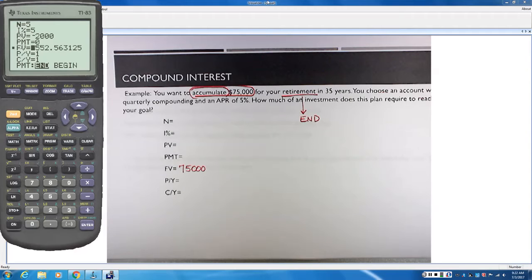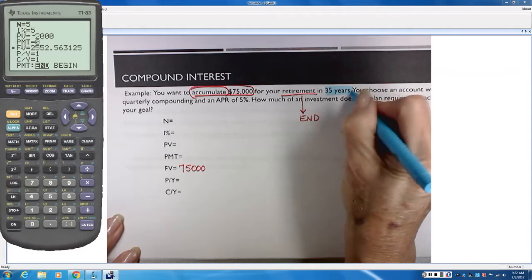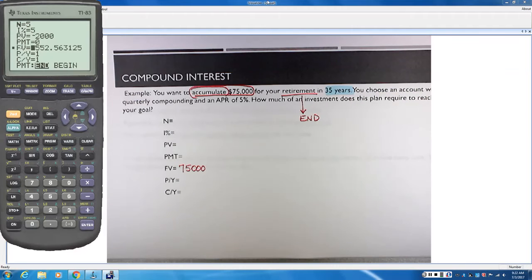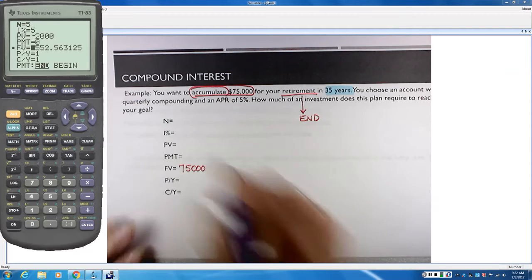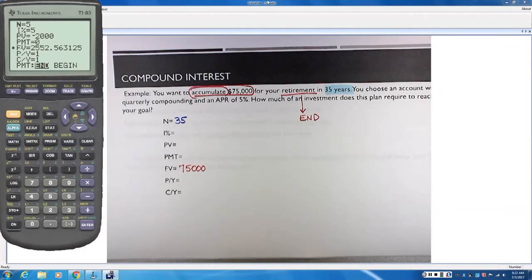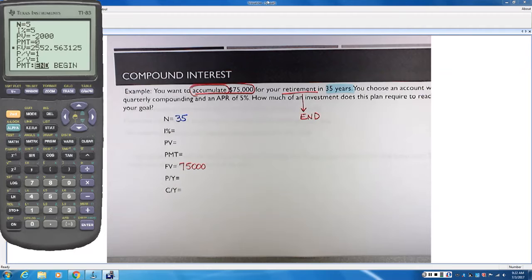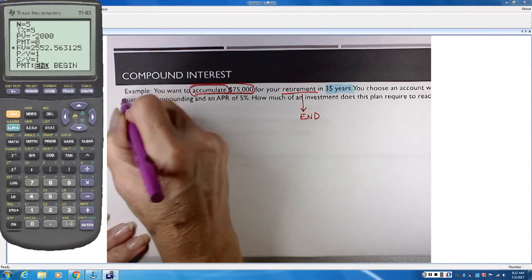And your retirement is going to be in 35 years. So part of your N, your number of payments, is going to be 35. And then it says you choose an account with quarterly compounding. What's a quarter?